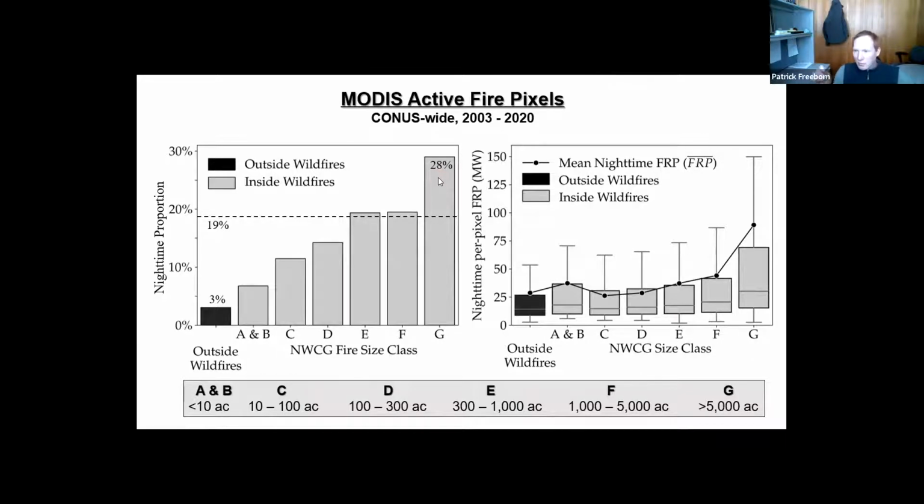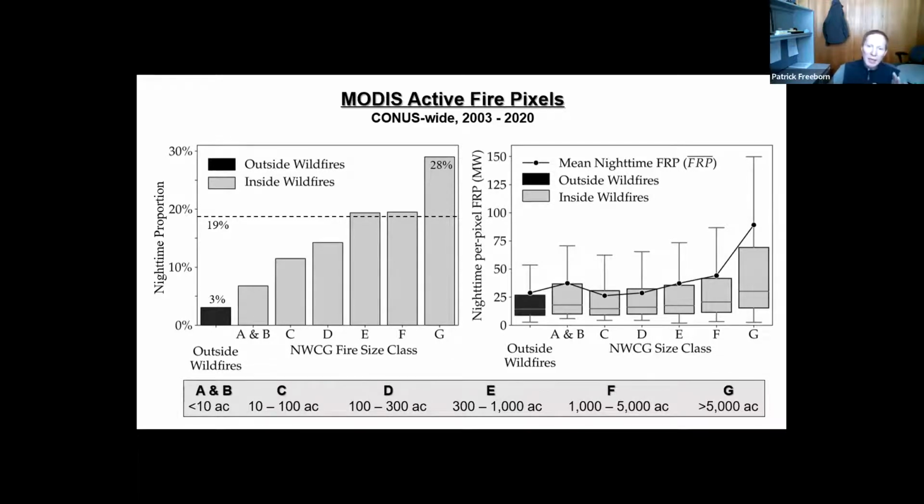And 28% is also the nighttime proportion calculated within fire size class G. And so what that's telling us is that the nighttime proportion and the nighttime fire activity detected by MODIS is strongly determined by the largest wildfires.